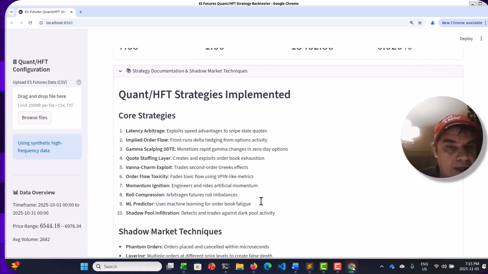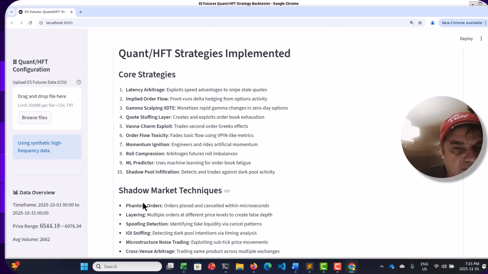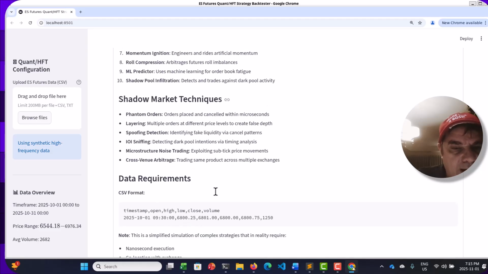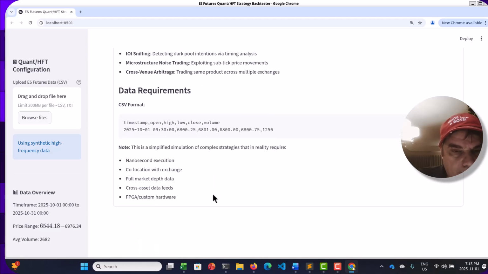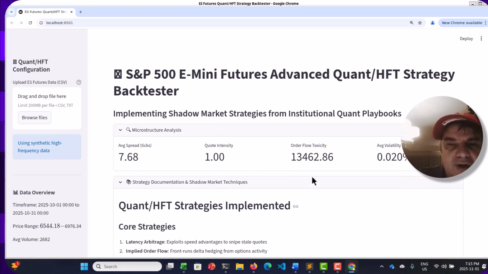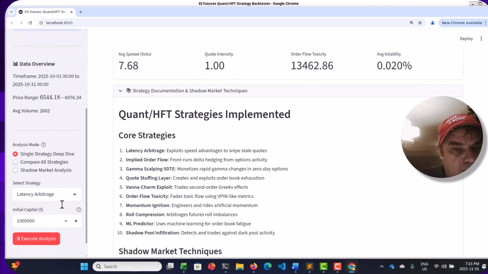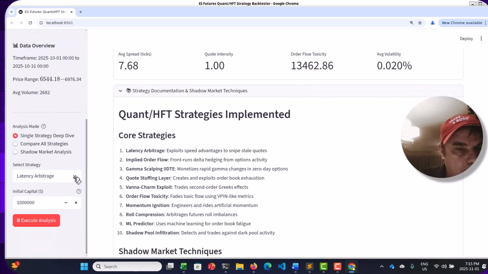Okay, so here we have all these different core strategies, shadow market strategies. Very important to know on this type of analysis and what I've already shown you. I've already gone through that. Okay, so let's see where we can. Okay, so we're going to execute.